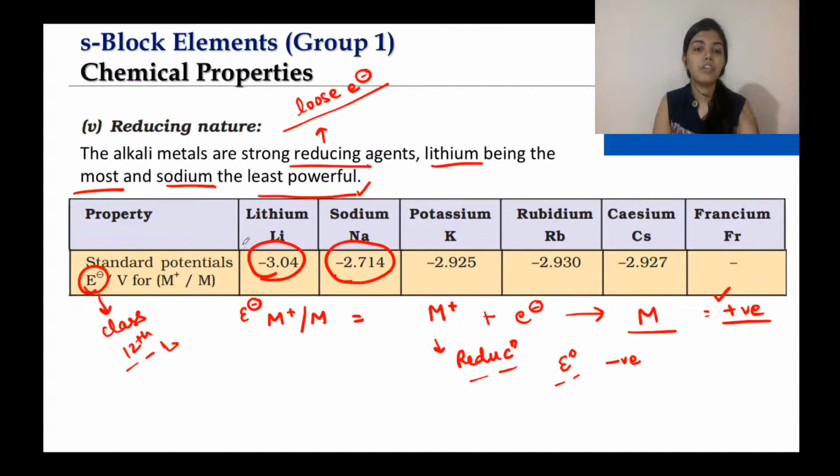Lithium, because it has a much more negative reduction potential, will oxidize itself and reduce the other species, acting as a reducing agent. Sodium, having the least negative value, will tend to oxidize itself less in comparison to lithium. Here we are comparing lithium and sodium: lithium will tend to oxidize more than sodium. I hope this is clear.